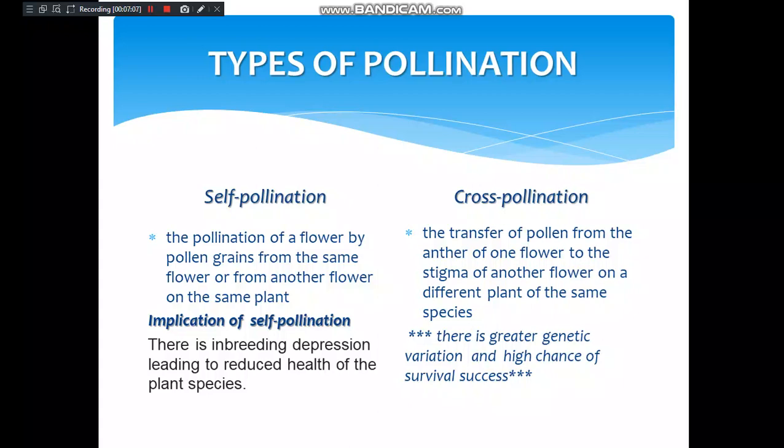In self-pollination, the pollination occurs within the same plant's flowers. However, in cross-pollination, the transfer is from a different flower from a different plant, but the plant must be of the same species.